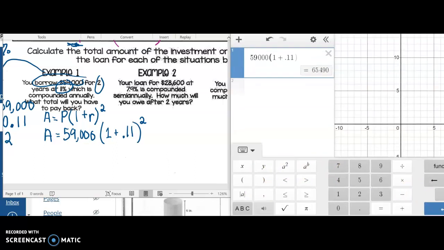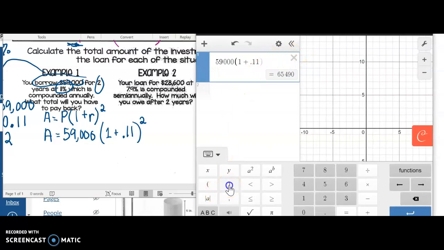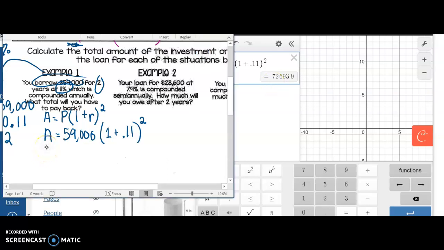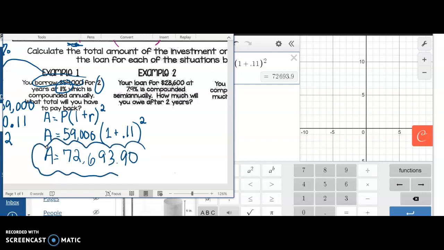There we go. Exponent of 2, and there you go. This number right here tells me how much I'm going to pay back to the bank, including the interest. $72,693.90. So the amount A is $72,693.90. Does this make sense?